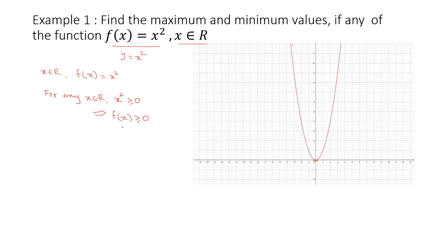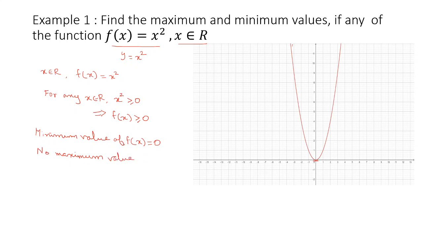That means the minimum value of f of x is equal to 0. This particular problem you can easily identify from the graph. So there is no maximum value for this function f of x equals x square.